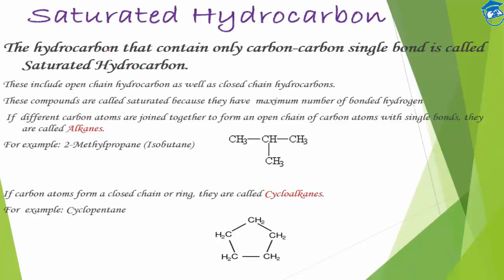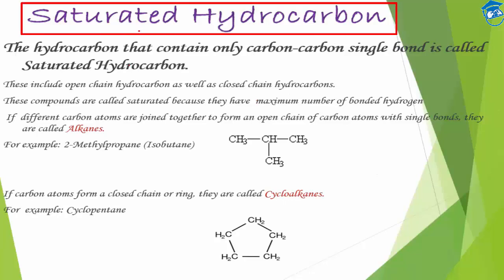So first let's start with the saturated hydrocarbon. In saturated hydrocarbon there will be only single carbon-carbon bond. This is the key word, that they will have only single carbon-carbon bond.